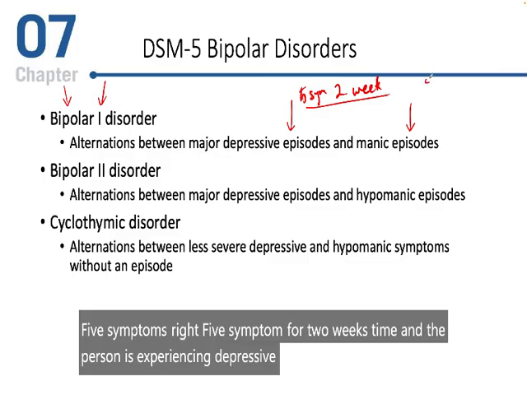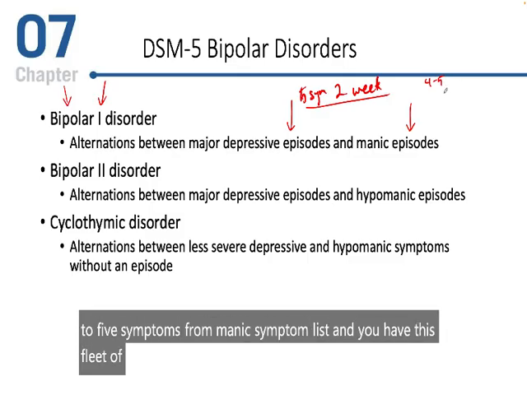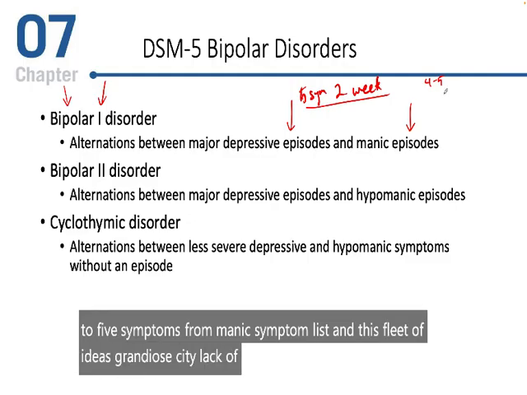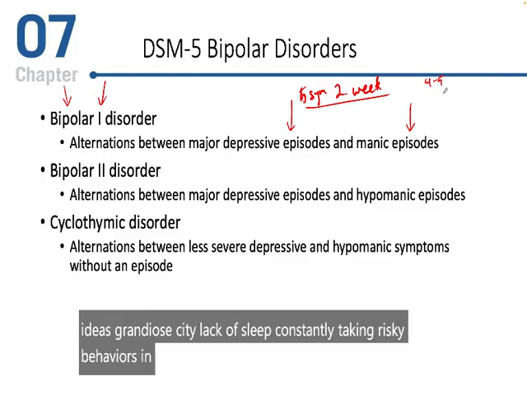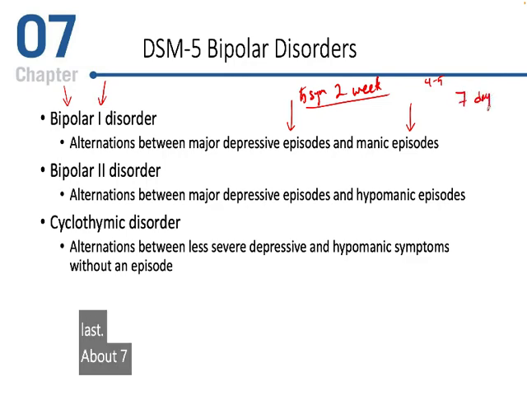And you have 4 to 5 symptoms from the manic symptom list, such as flight of ideas, grandiosity, lack of sleep, constantly taking risky behaviors in financial and sexual activities, and the symptoms last about 7 days.